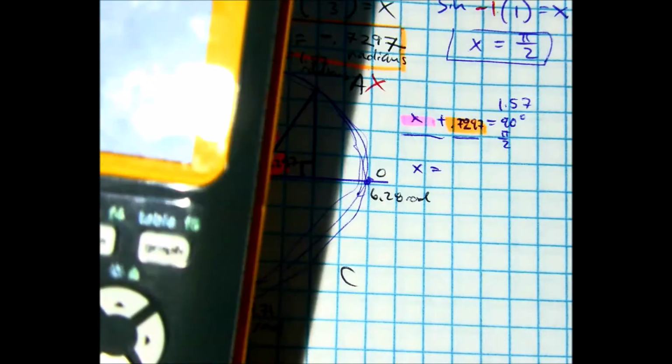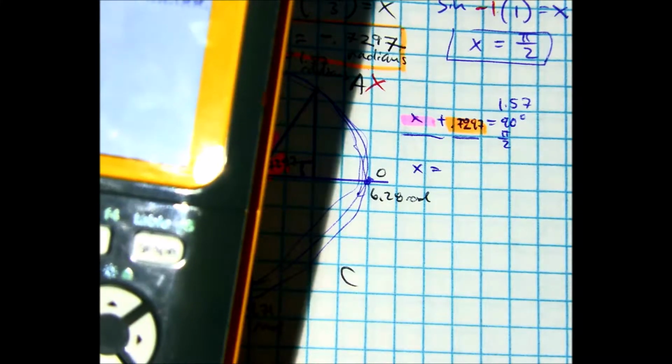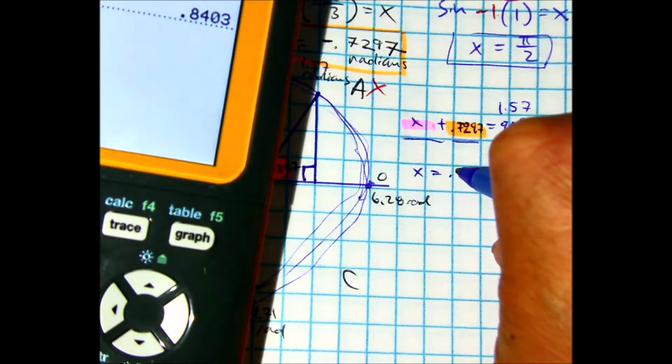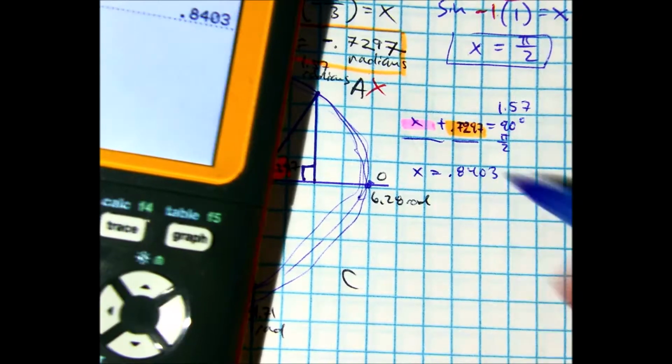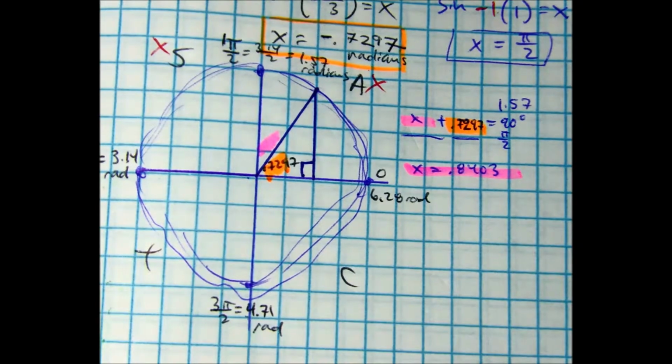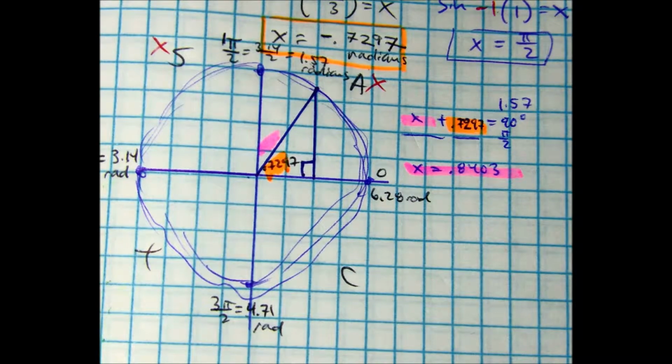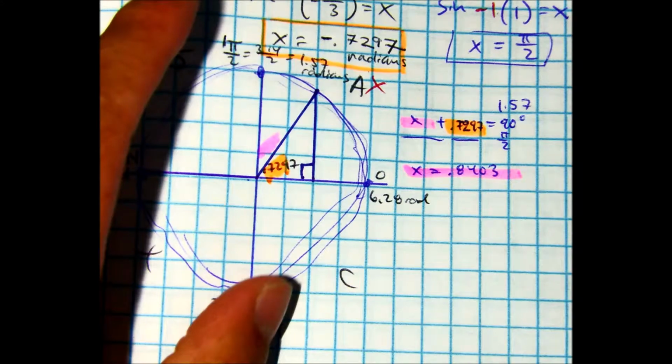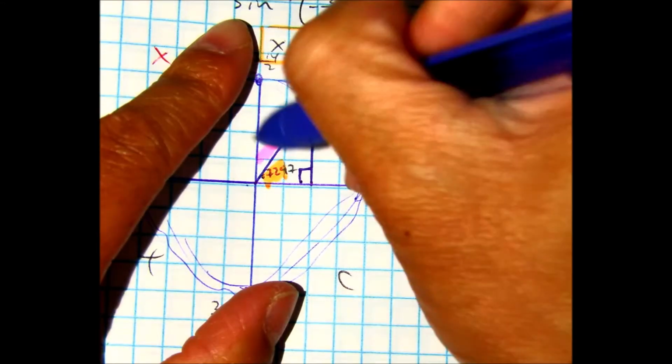Why did I say divided by? Subtract 0.7297. And that gives me 0.8403. The pink area represents 0.8403 radians. Okay.